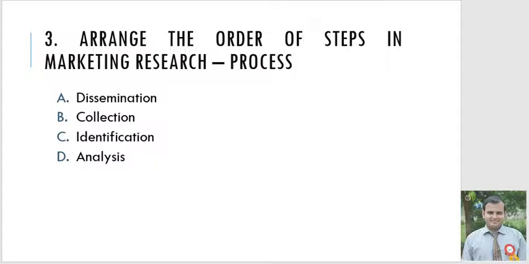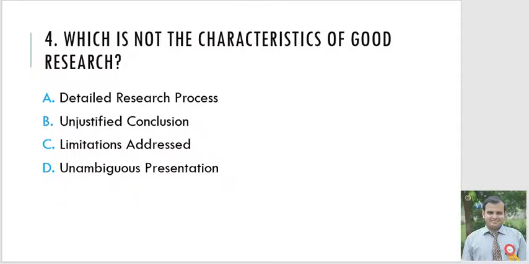Moving ahead with the fourth question, which is not the characteristics of good research? Question is, which is not the characteristics of the good research? Your options are A, detailed research process, B, unjustified conclusion, C, limitations addressed, D, unambiguous presentation.